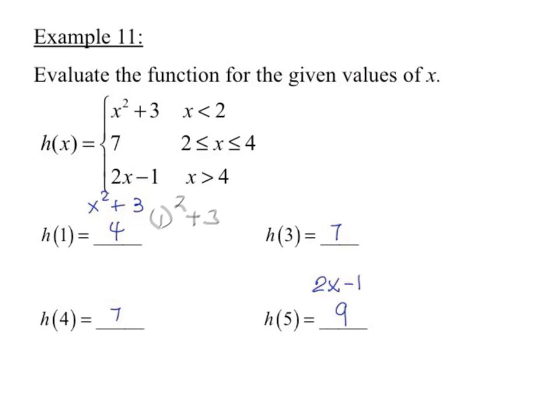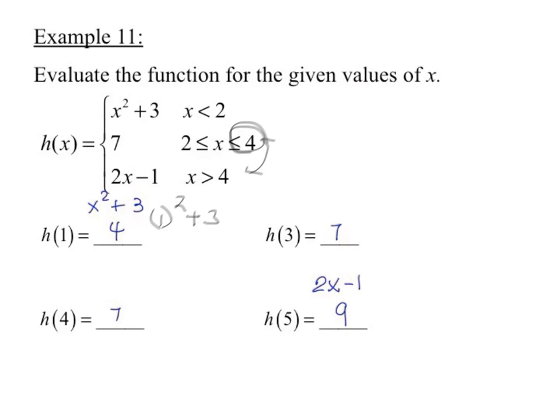For 4, we have a 4 in 2 places, so which one do we use? This is the one that includes the 4 because it's got the line underneath the inequality. So it's for all x's between 2 and 4, including 2 and 4, so that answer is going to be 7 also.